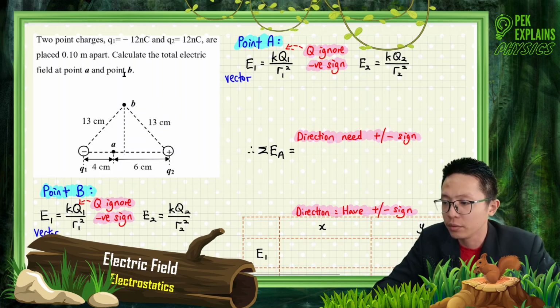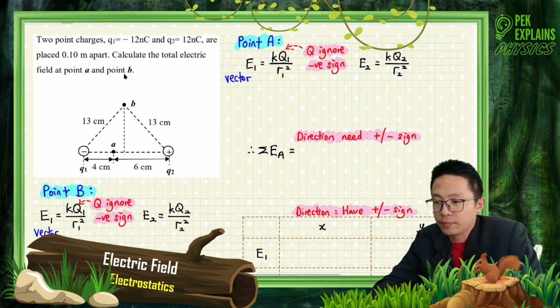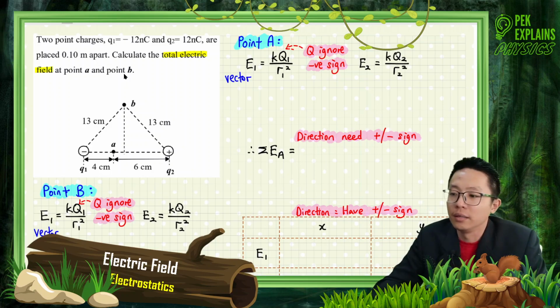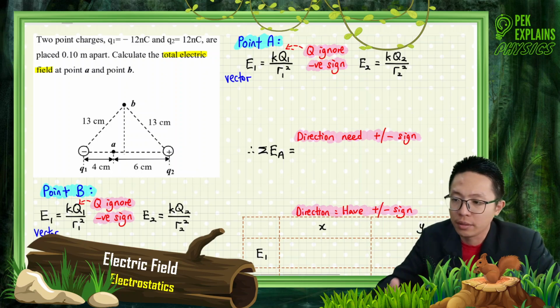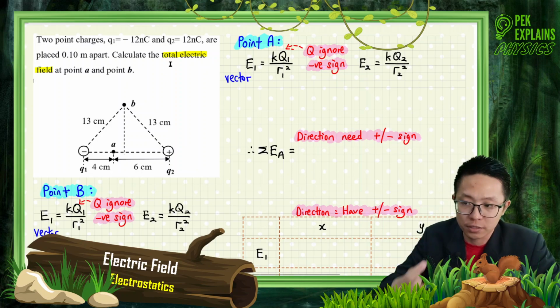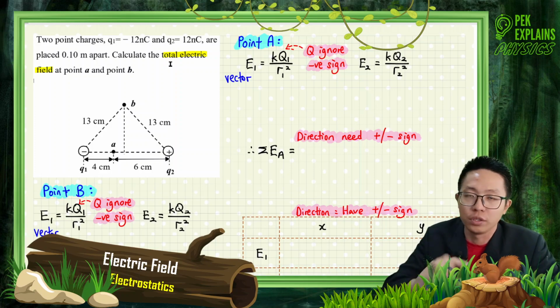Okay, and the question wants the total electric field. So you see, this question doesn't ask about magnitude, and it doesn't specify magnitude and direction, isn't it? But we still have to give both.